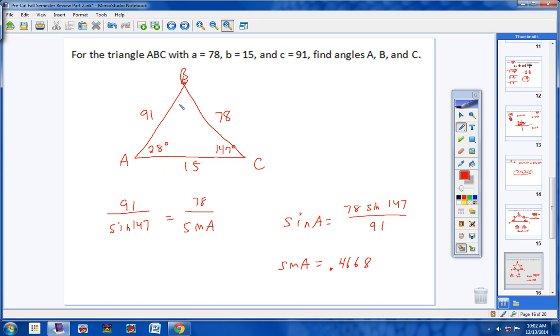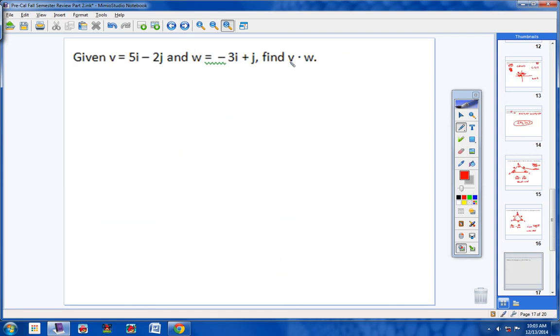So we can find this third angle very quickly by taking 28 plus 147, enter, subtract that from 180, and you will get 5 degrees. There we go. So we found all three angles. Okay, moving on. Now, given this, find v times w, dot product. The dot product of vectors.